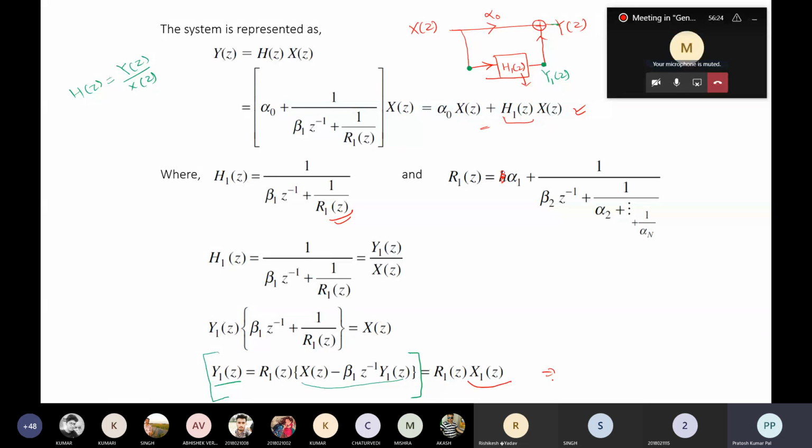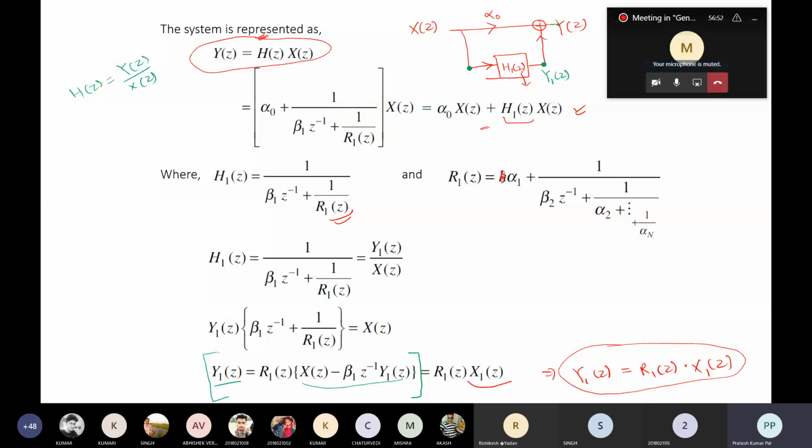So it is like your y1 of z is equal to r1 z into x1 z. So this structure is now similar to the structure that we have gone through. So we have realized this one, the first, and after realizing this, we have obtained this one.